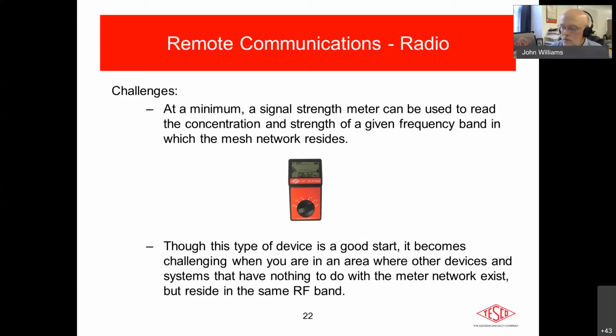So you're going out there to see where you're picking up that radio frequency, and if you know the band that your particular network is working on, you can look to see that it's in that correct band. So you're just looking for a signal density type of location to either set the meter, or if you have a repeater for a certain area, you want to have a device like this to be able to read that signal density in the area.